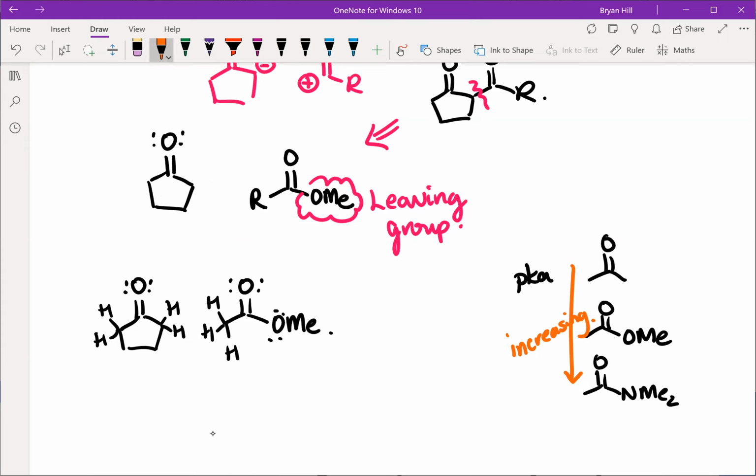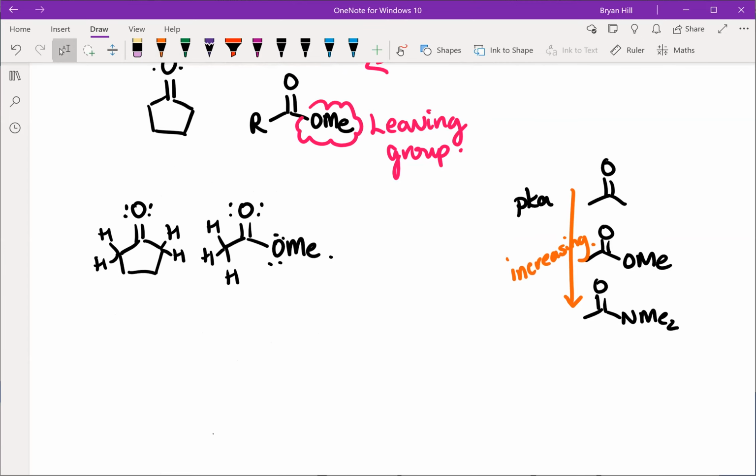So you can deprotonate a ketone more easily than an ester, which you can deprotonate more easily than an amide. They're all in the low to mid 20s. I think a ketone is somewhere around 21, 22, something like this.